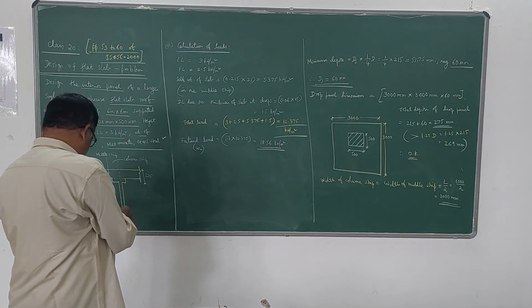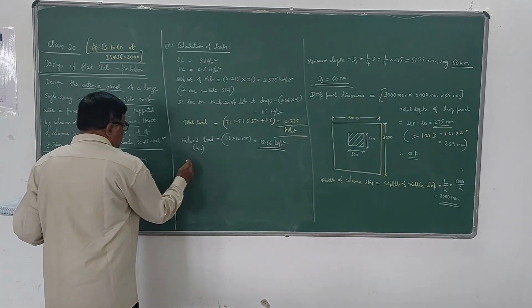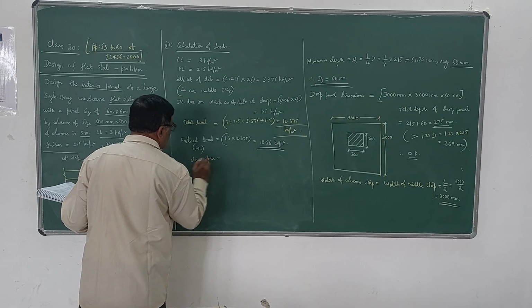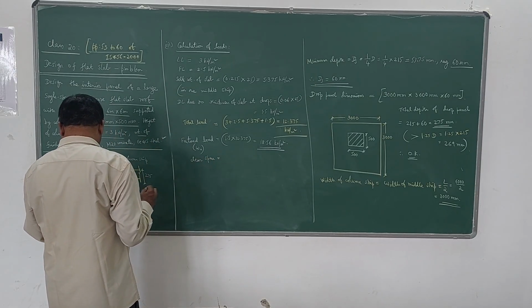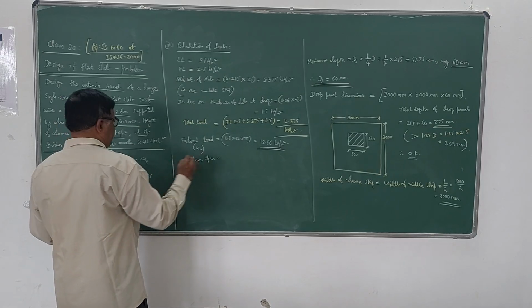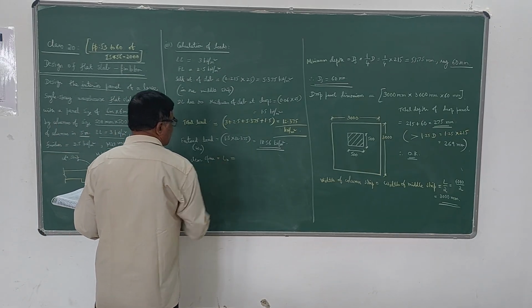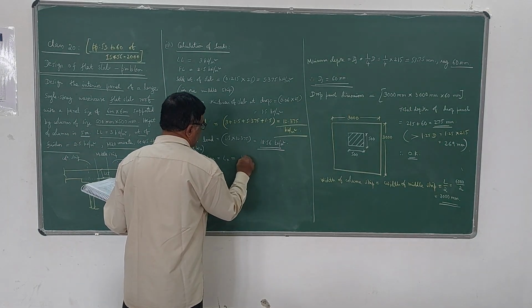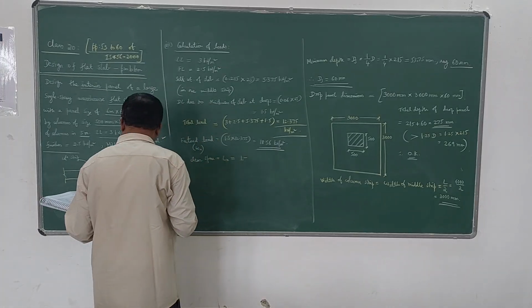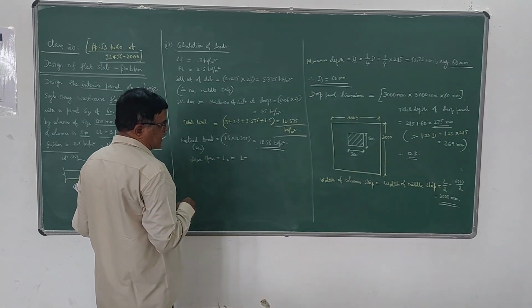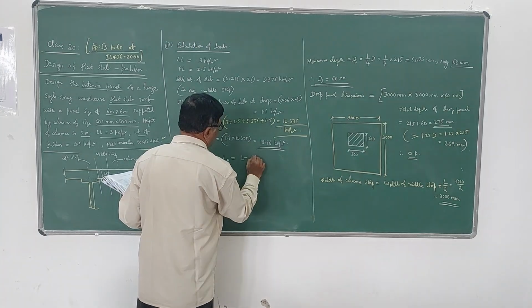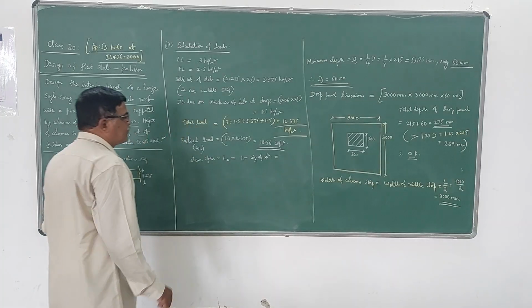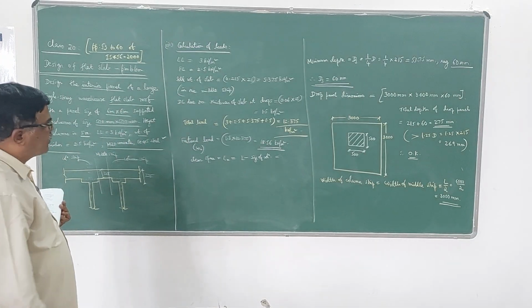Now in flat slabs, we have to calculate what is called the clear span, which is denoted by L. This clear span is given by L minus the size of column. What is the size of column here?